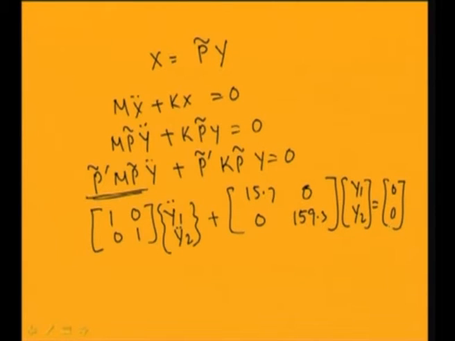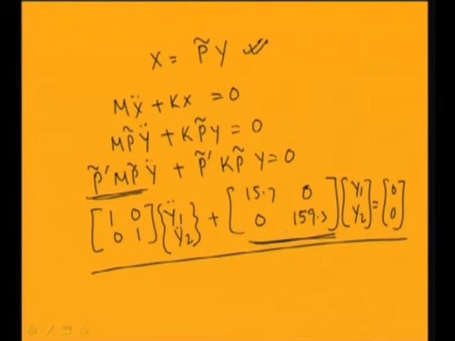So you need not calculate this P weighted model matrix transpose MP weighted model matrix and KP weighted model matrix, because already you have found this lambda 1, lambda 2. So directly, when you substitute x equal to P weighted model matrix y, you can write this equation in this form.